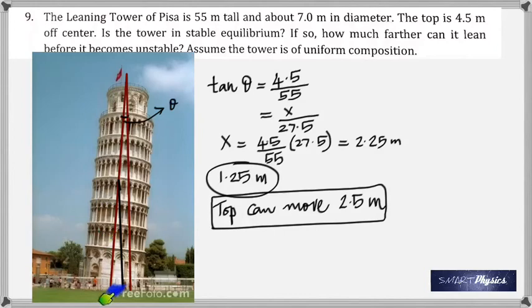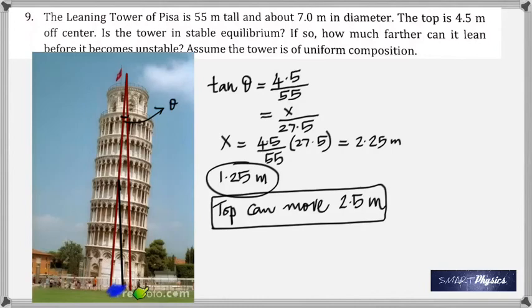And then when I calculate x, I get it as 2.25 meter. Because I'm interested in the vertical line drawn from the center of gravity falling within the base, so it's already out by 2.25. You could simply have taken it as half of 4.5 because this is exactly the center. Anyways, so you get this as 2.25. How much more could you go? You could go up to 1.25 more, because the maximum distance here is 3.5.